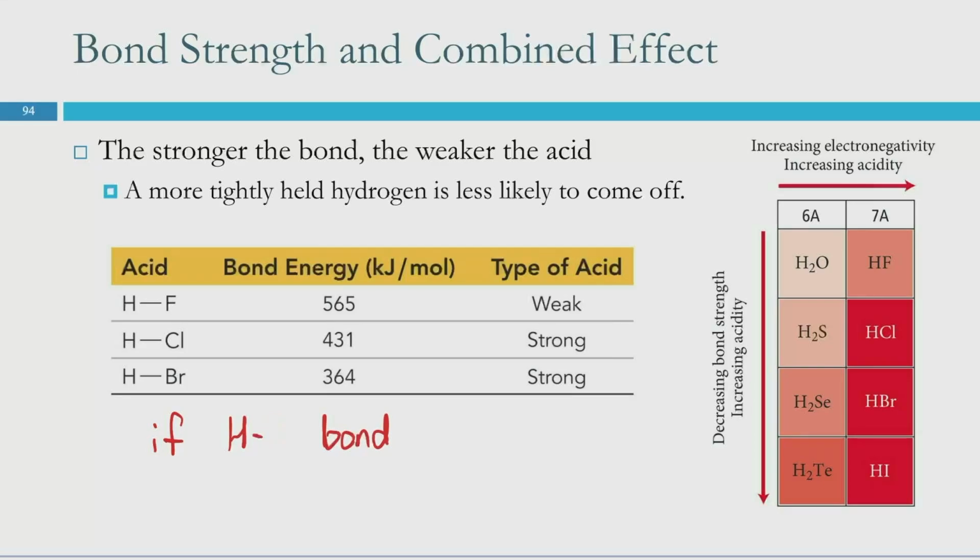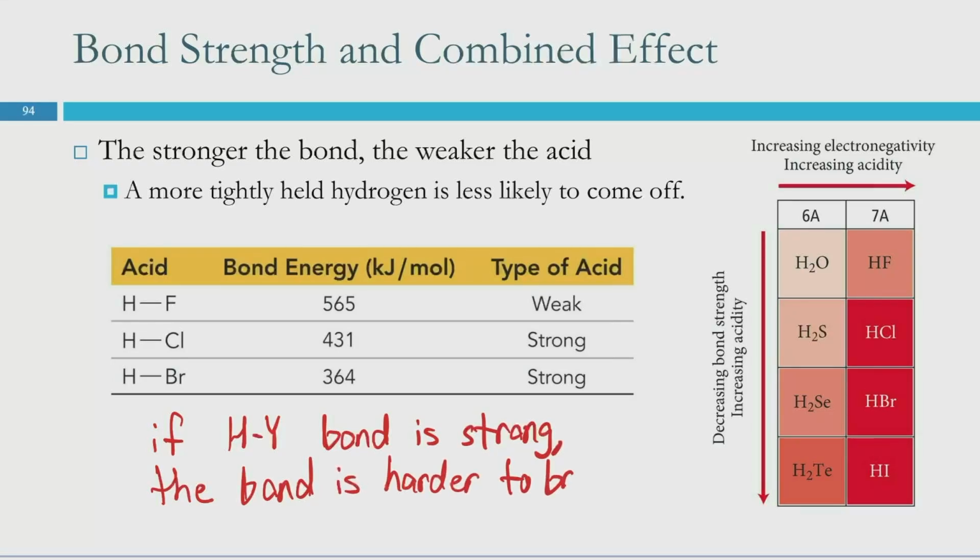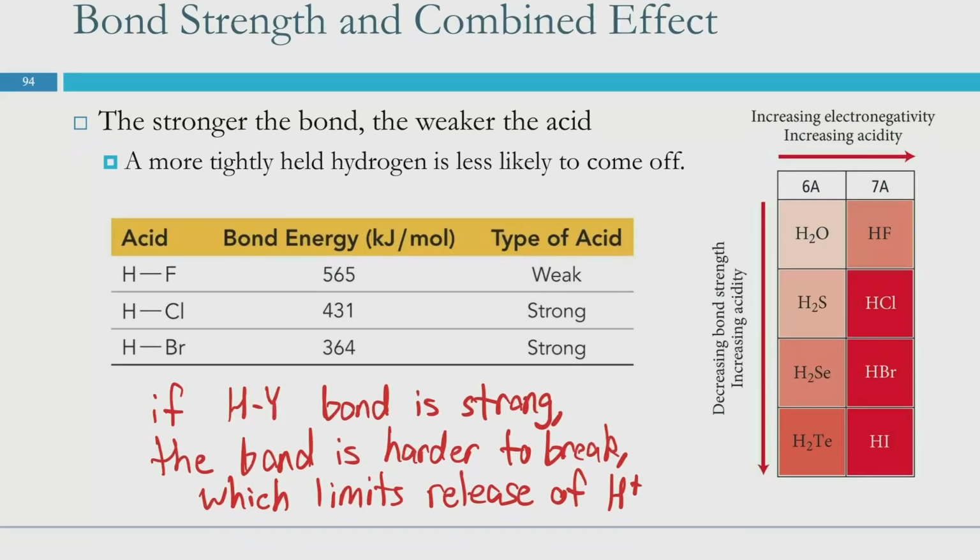If HY bond is strong, so if that bond is strong, the bond is harder to break, which limits the release of H+. So we're going to have slower release of our H+ if we have a strong bond.